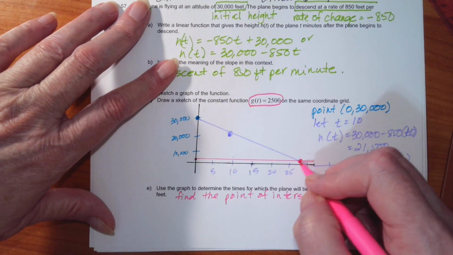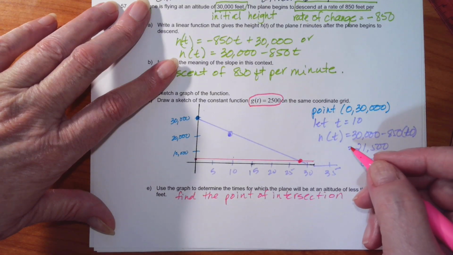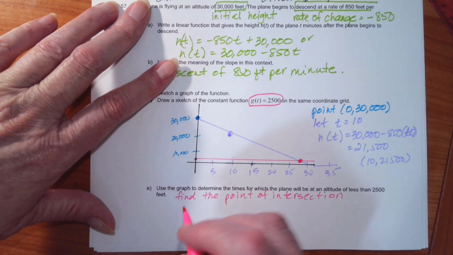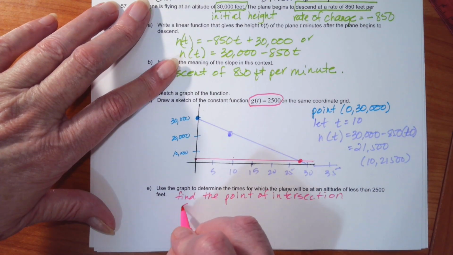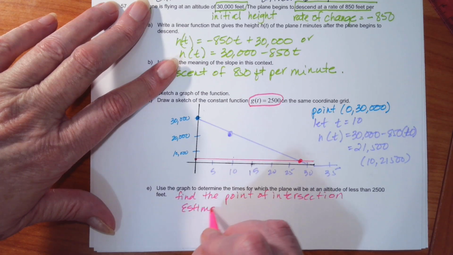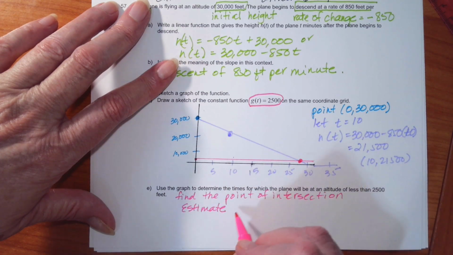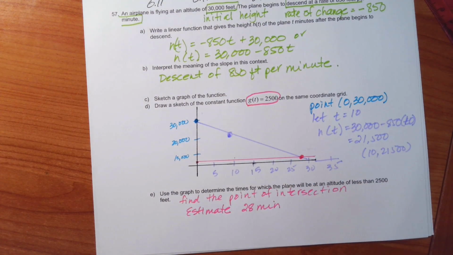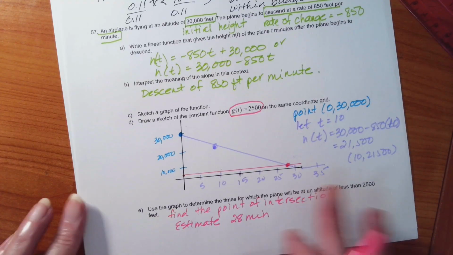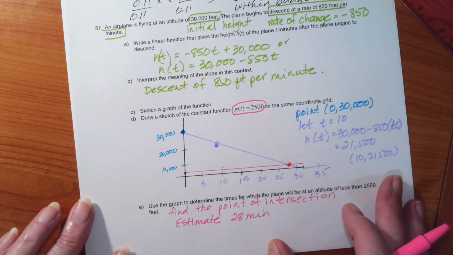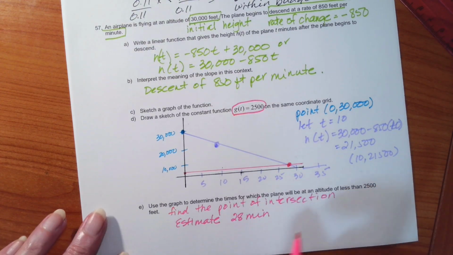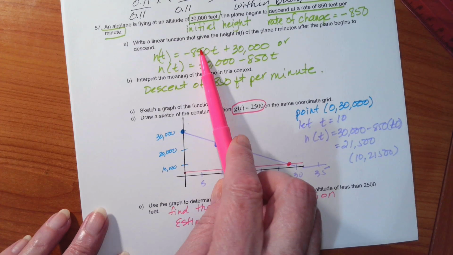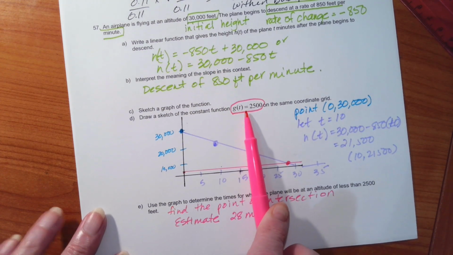And it says to estimate it from the graph. So I'm going to estimate that it's about 28 minutes. Let's see if there's any more to this. There is not. Okay, now we can find it exactly by setting this function equal to this function.